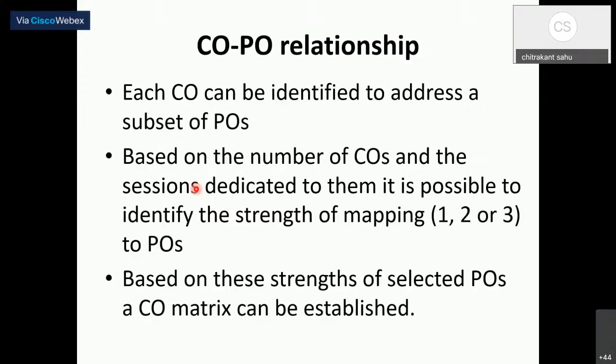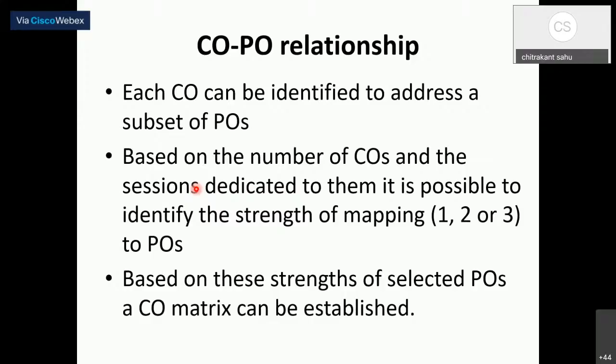So based on the number of COs and the sessions dedicated to them, it is possible to identify the strength of mapping. So if your institute is going for accreditation, they generally ask what is the mapping strength between the CO and PO. So mapping strength should be 1, 2, or 3. 1 is called the low mapping, 2 is moderate, and 3 is high, or you can say strong correlation. Okay, so 1 is weak correlation.